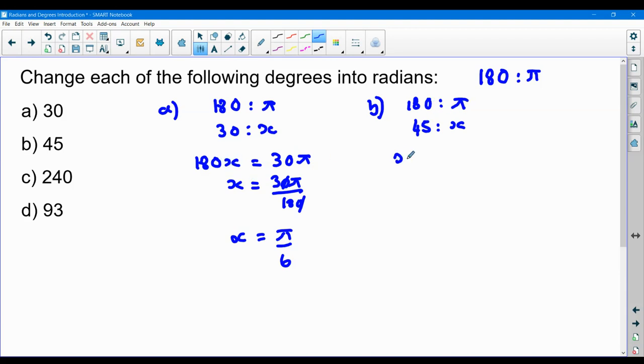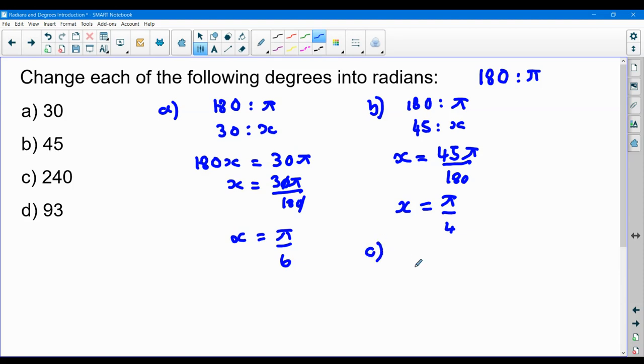So you can just jump down one line and say that x equals 45 pi divided by 180. That just misses out that first line to save ourselves a bit of room and time. Now 45 is a quarter of 180, so this one ends up being x equals pi divided by 4.